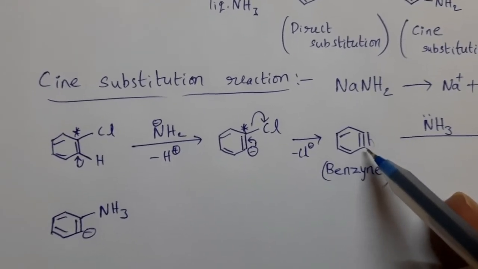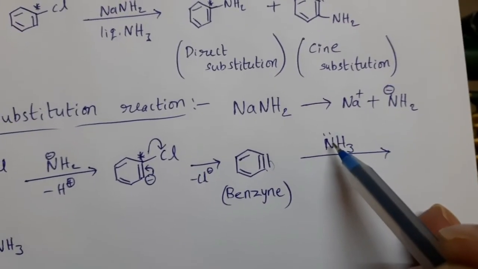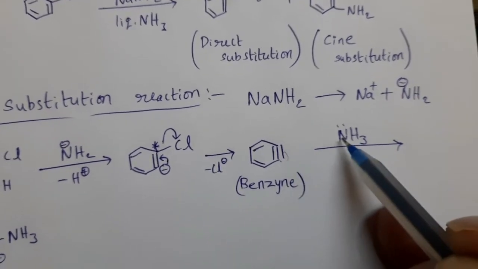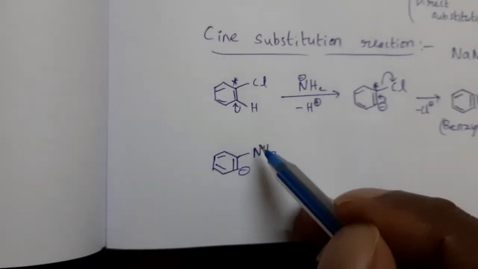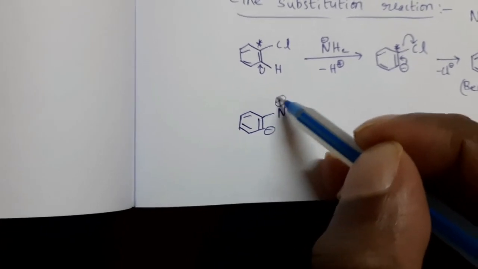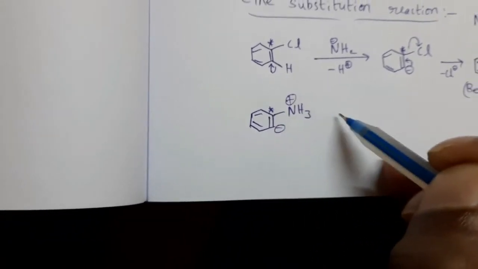Negative charge is developed at this position, positive charge is developed at this carbon atom. Now here nitrogen has a lone pair of electrons. So a bond is formed between this nitrogen and the positively charged carbon atom. Then we get this type of product. So 4 bonds are formed by nitrogen, then positive charge is developed on this. It is represented by a star mark.